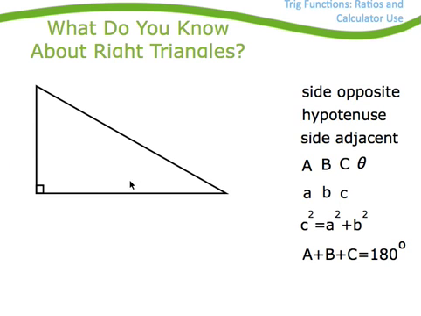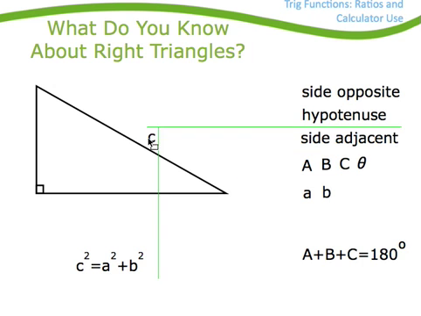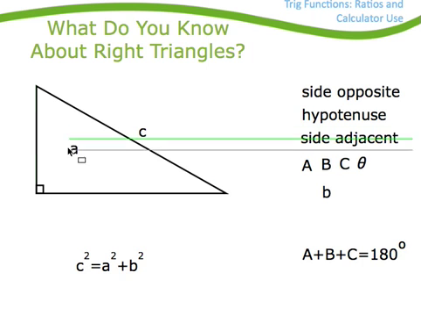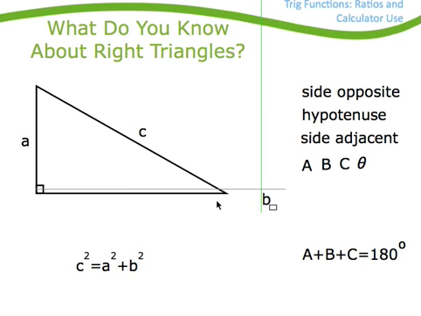you may know already. If I have a right triangle, I have a relationship that I know from Pythagoras that says this. If I take the longest side, that's C, here's side C, and if I square that, it's equal to the sum of the other two sides when they've been squared.